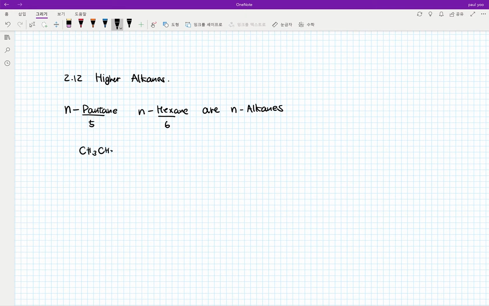CH3, CH2, CH2, CH2, and CH3, 1, 2, 3, 4, 5 carbons represent n-pentane. CH3, CH2, CH2, CH2, CH2, CH3 is n-hexane.